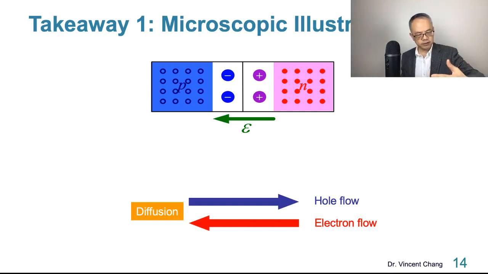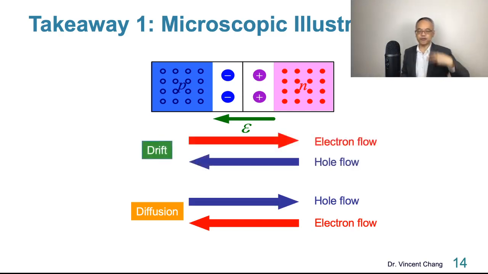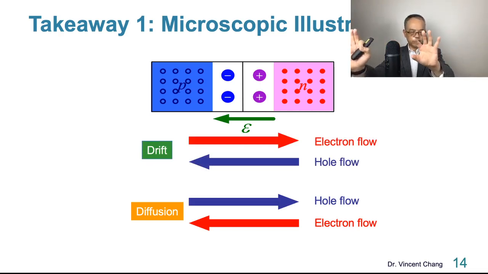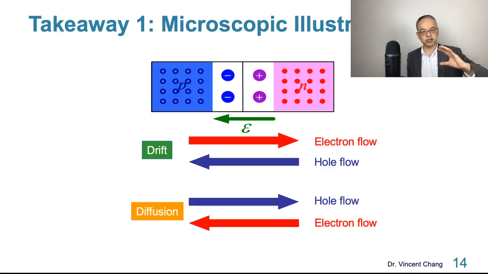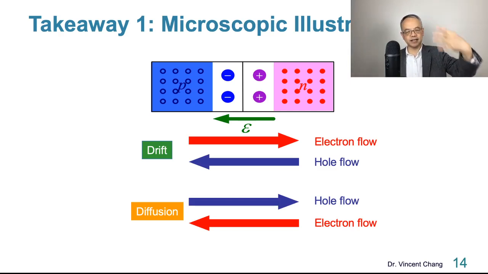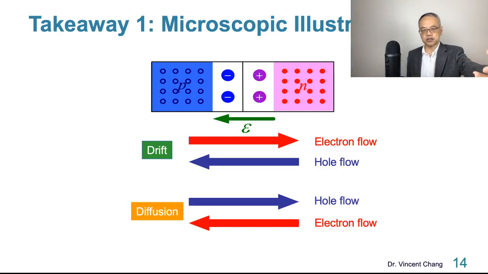Electric field, then the drift comes up. And in the open circuit condition, thermal equilibrium, there's no current, because the diffusion force will be balanced, canceled out by another force called drift. This is the microscopic illustration for a p-n junction in thermal equilibrium.